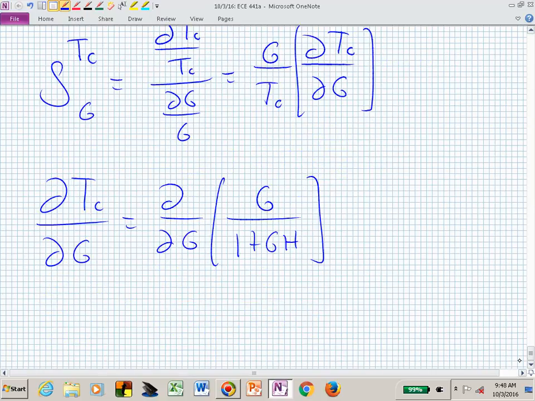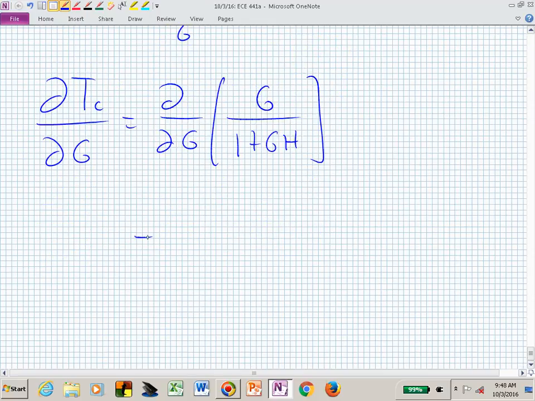If you remember your calculus, you can do it from the formula. You have the derivative of the numerator times the denominator, so the denominator 1 plus GH. What's the partial of the numerator with respect to G? That's just 1.